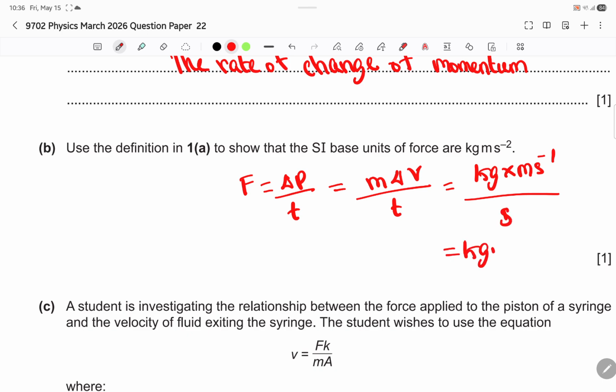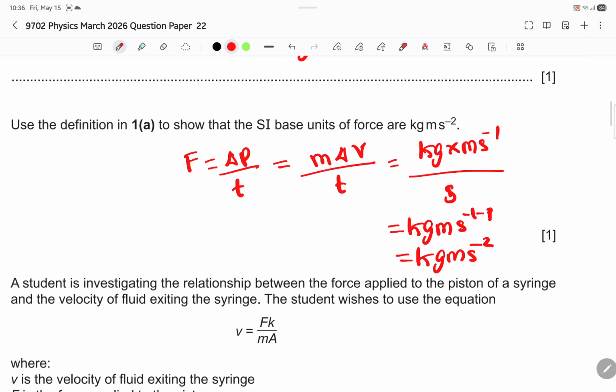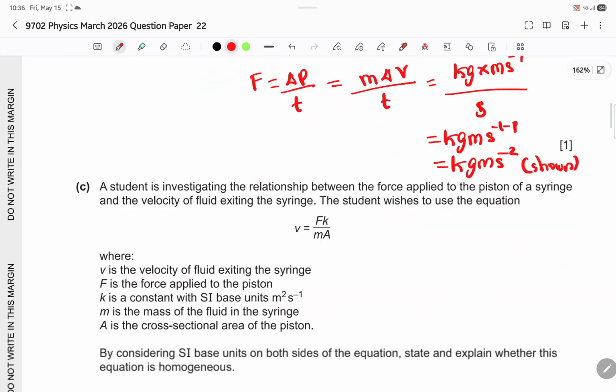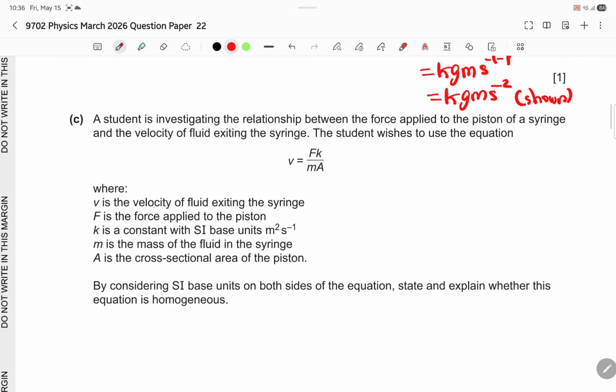Which leads to kg m s to the power minus 1 divided by s, which equals kg meter s to the power minus 2. Yeah, that's how you do it. Shown. Easy enough.